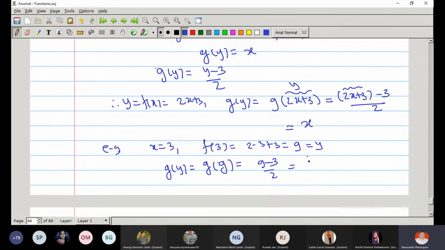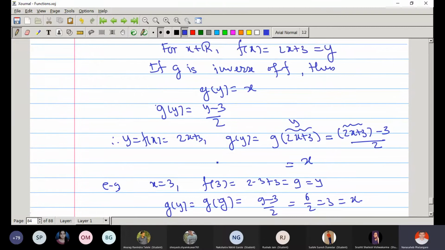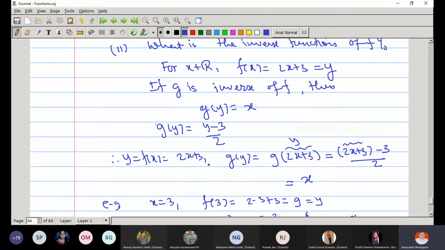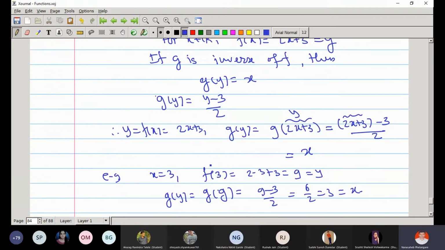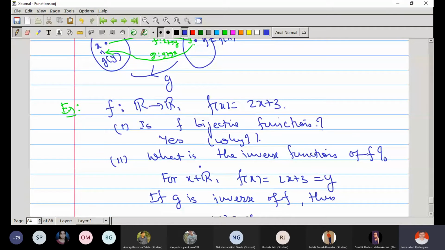We get back x. Correct? So what is actually happening with the inverse function? If f sends x to y, then the inverse function sends y back to x. Correct?